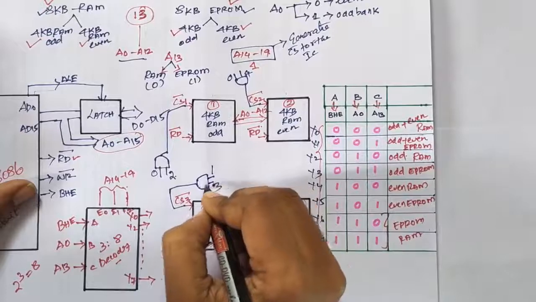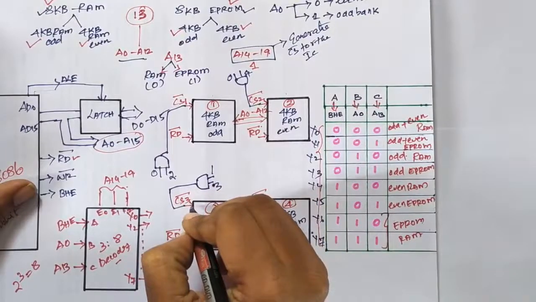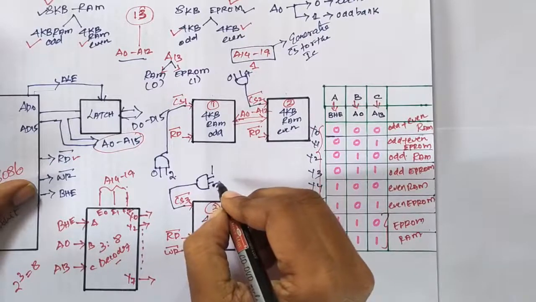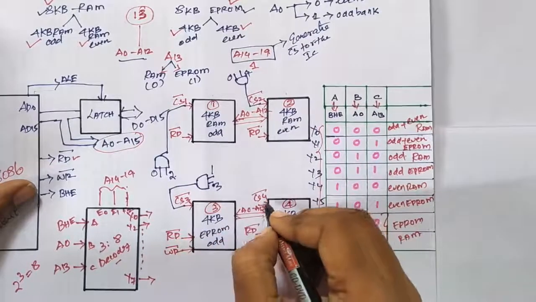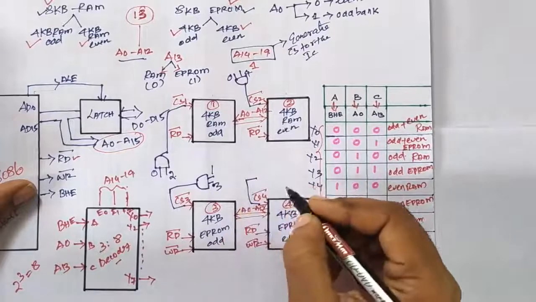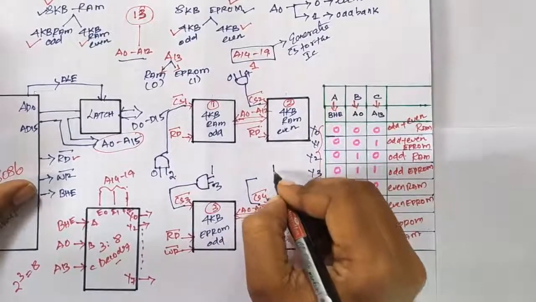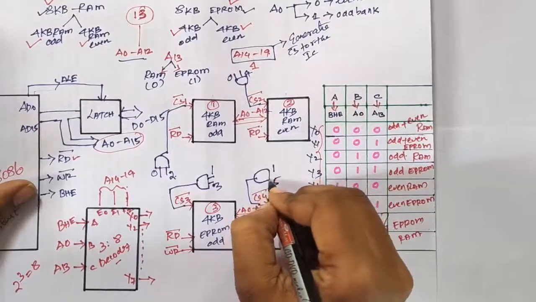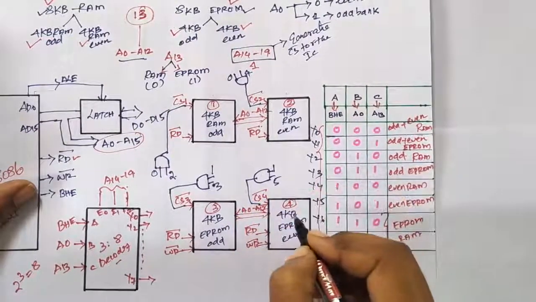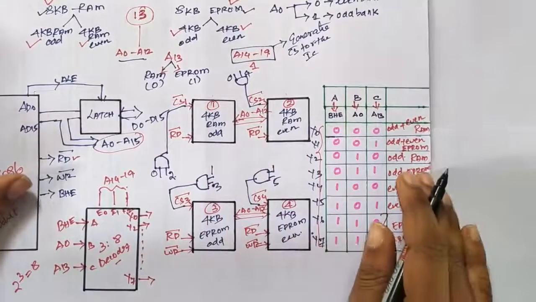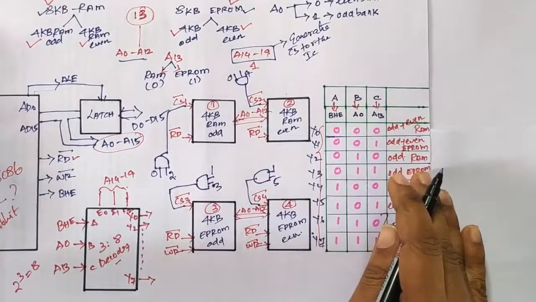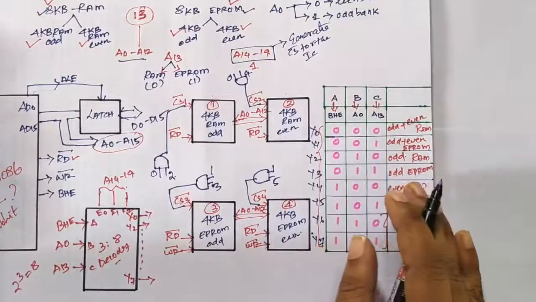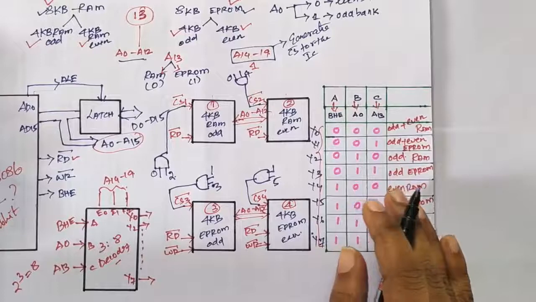The output of the AND gate is connected to the corresponding IC's CS signal, and the inputs are connected to the decoder outputs. Similarly, the CS output is connected to pins 1 and 5 available in my decoder. So this is the way we can select the individual RAM and ROM odd bank, even bank, and both the memories simultaneously.